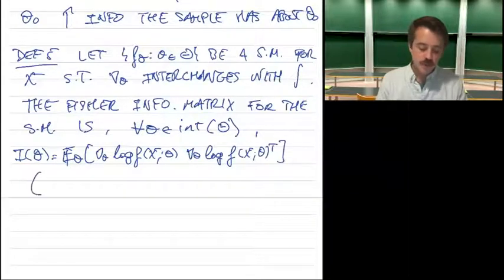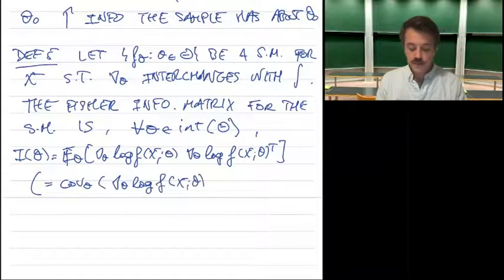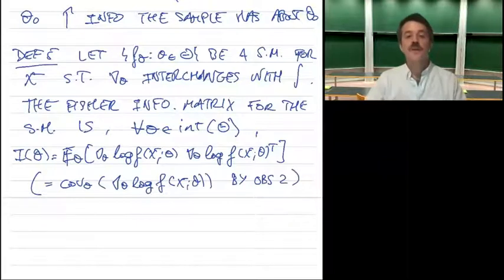Okay, and this, of course, by the way, is going to be the covariance matrix of the gradient, right? Why is that? Well, that's quite simple. This is by observation 2, because the mean of the gradient is 0.